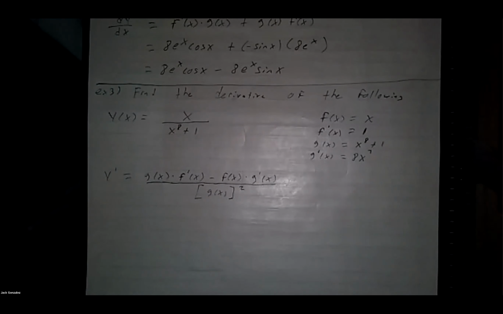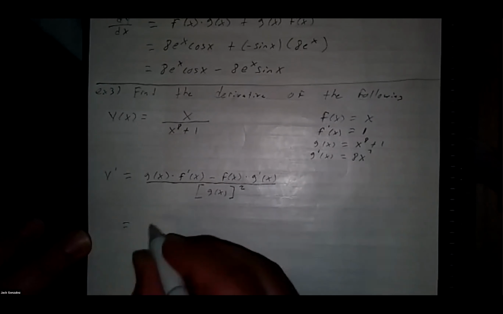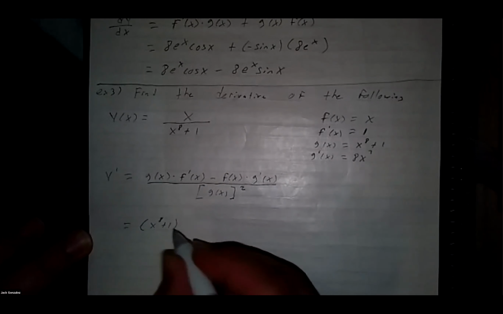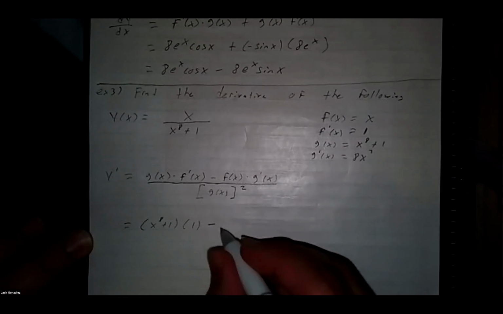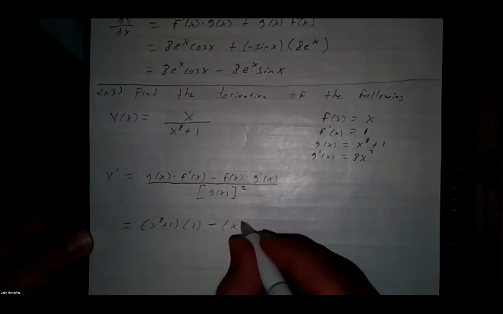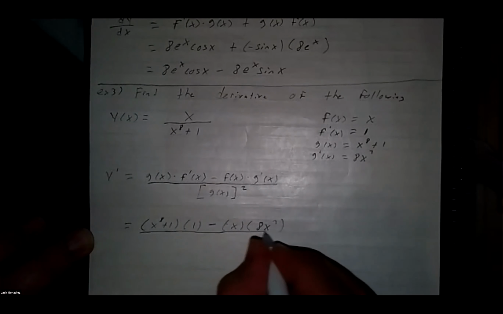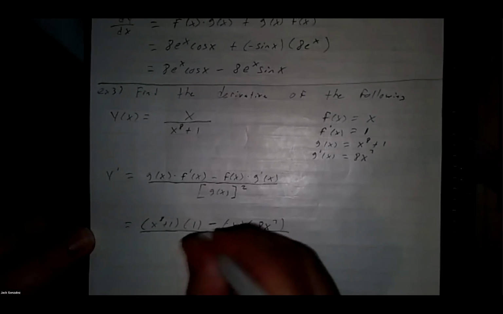Okay, so just plug it all in. So g is x to the 8th plus 1 times f prime, which is a 1, minus f times g prime. Everything divided by parentheses. That's fine.